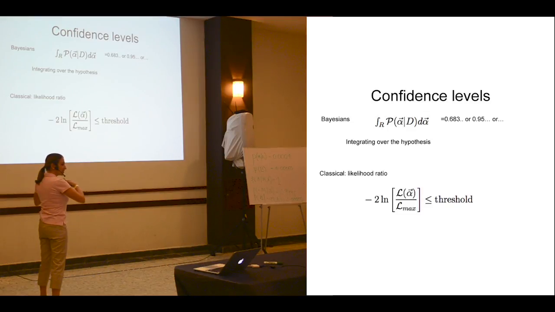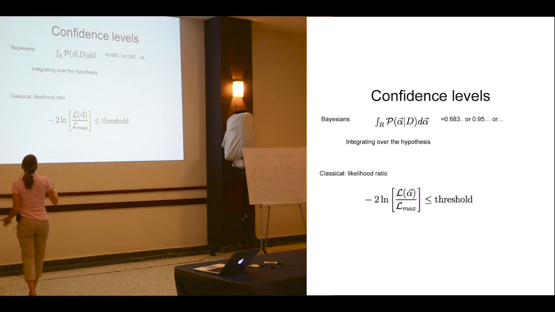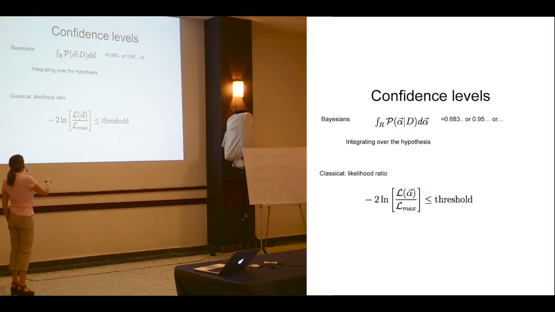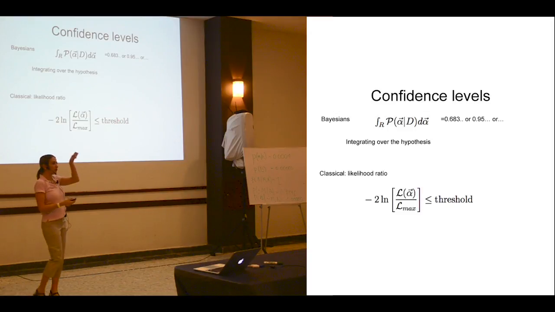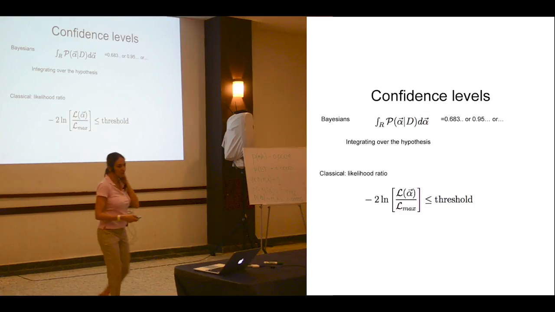There's integration involved because now I'm treating the parameters as random variables. While in the classical approach, you just take the ratio of the likelihood and say this has got to be below the threshold. So from the best fit, I go away only as much as this ratio does not fall far from the max value. Now, these two are not necessarily the same thing.